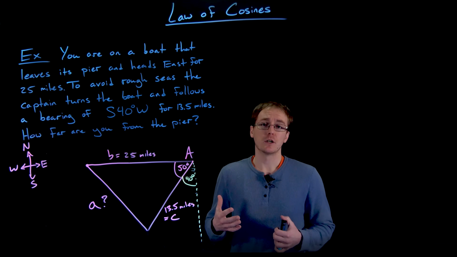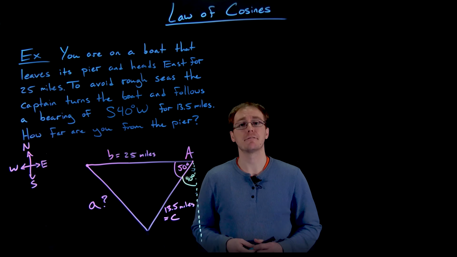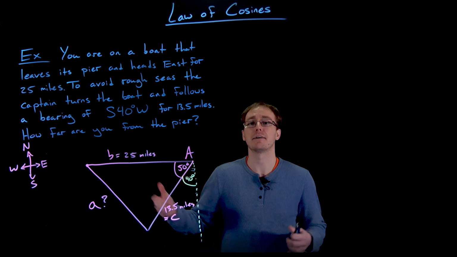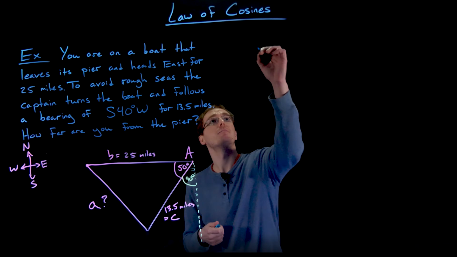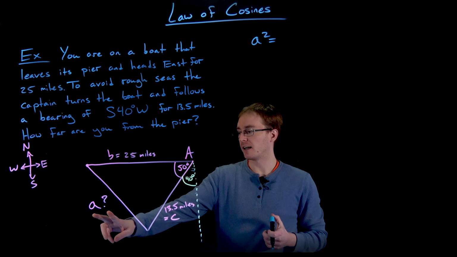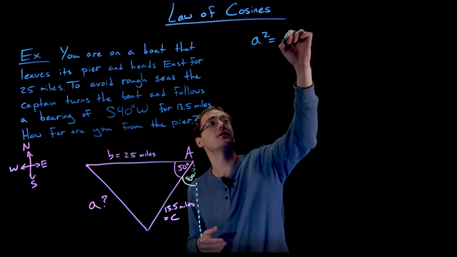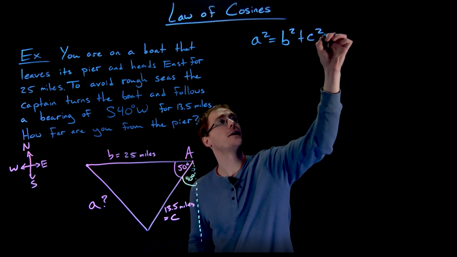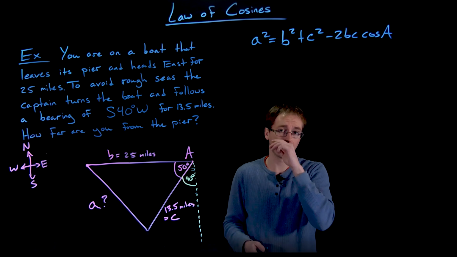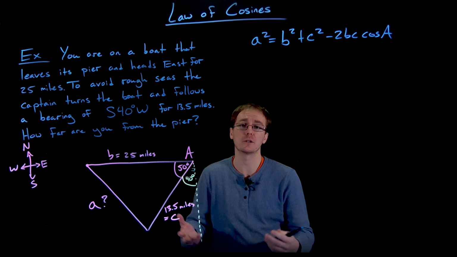Now we're going to use the law of cosines to help us find a missing side length in our non-right triangle. We always want to use the version of the law of cosines where that missing side length is squared by itself, usually on the left-hand side of the equation. So the version we're going to use to find side length a, the distance we are from the pier, looks like a squared equals b squared plus c squared minus 2bc times cosine of angle A. We can always double check this: which information do we know, and which are we trying to figure out?